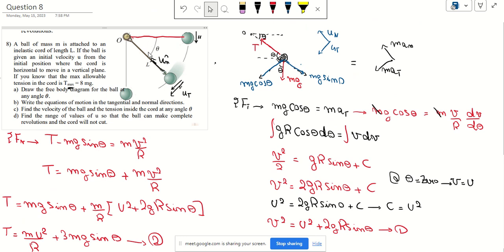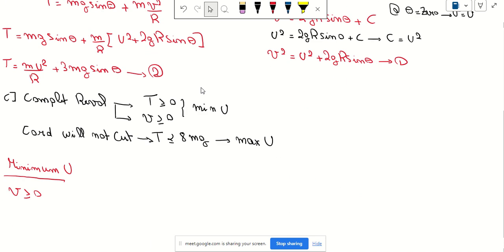And where is the highest point? At theta is equal to 270. Why 270? I started from this position and I measure theta from this position. This is the highest point, in red. So I am moving like this, and theta is equal to 270.